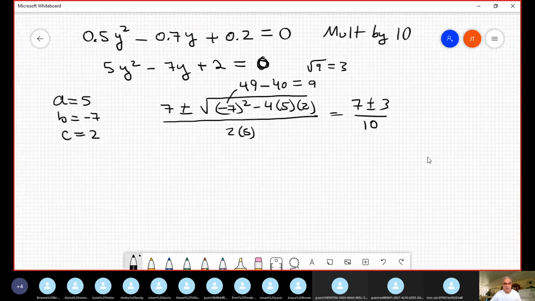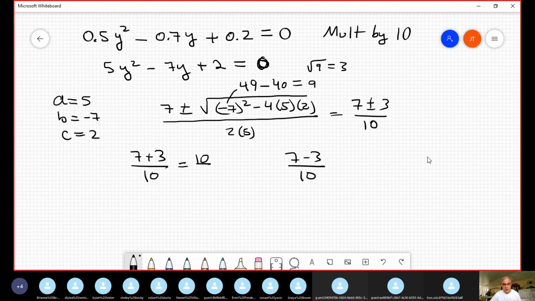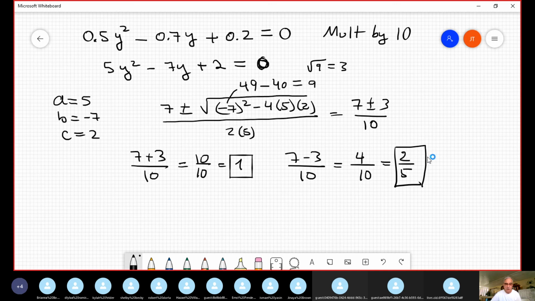Separate into pieces. 7 plus 3 over 10, and 7 minus 3 over 10. 7 plus 3 is 10, and 10 divided by 10 is 1. Right. First solution is 1. 7 minus 3 is 4, no? Divided by 10, and in lowest terms divided by 2 is 2 fifths. Therefore, the solution set is 1 positive and 2 fifths positive.